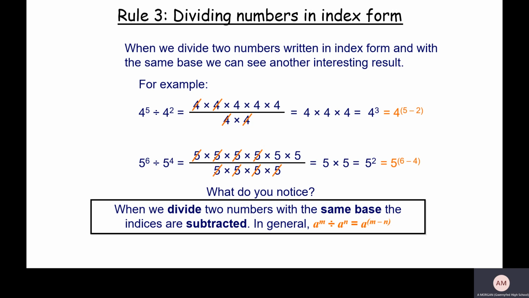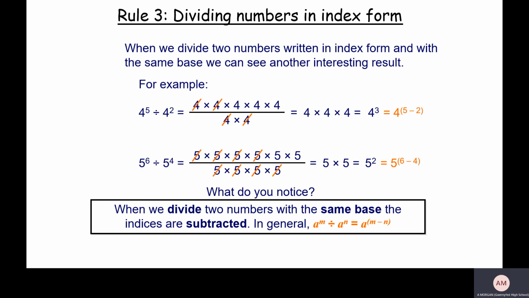And then you can cancel things out top and bottom as far as there is to cancel out with what's on the bottom. So if you cancel out 2 top and 2 on the bottom, you're left with 3 on the top. 4 times 4 times 4, that's 4 cubed.